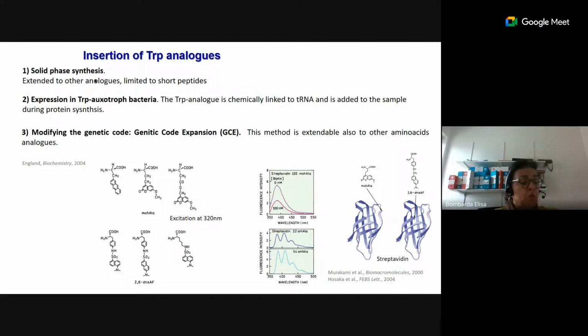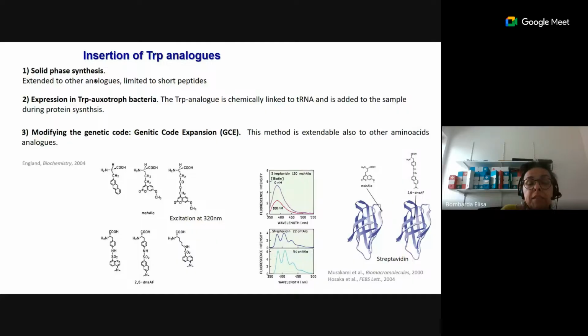Another way is to modify the genetic code with the genetic code expansion method, and we will see later how it's working, more or less, at least in general.